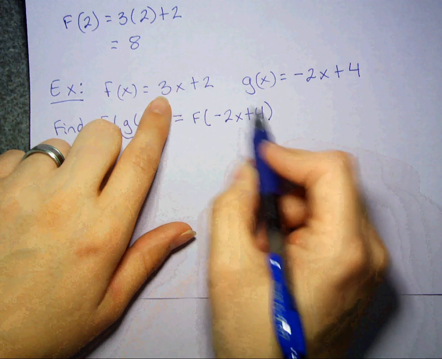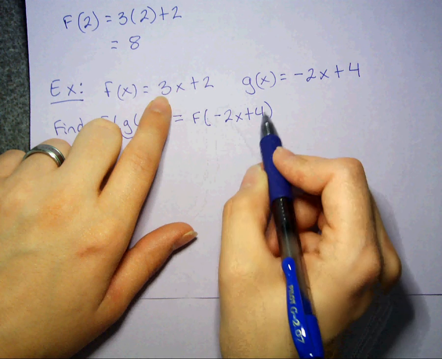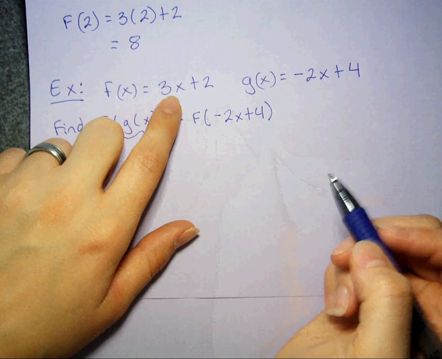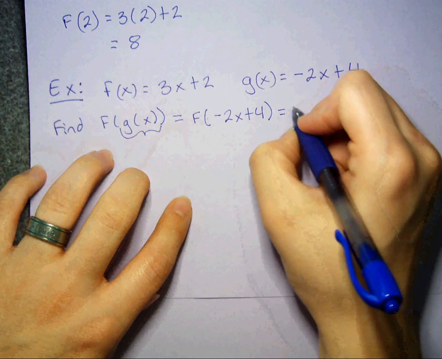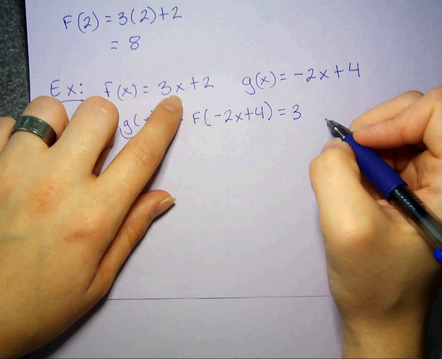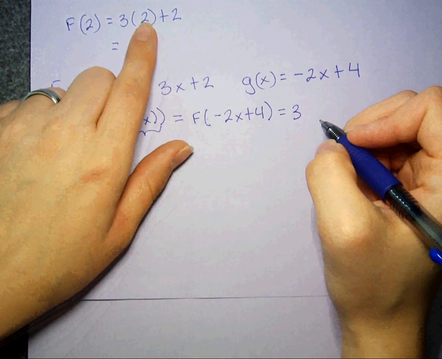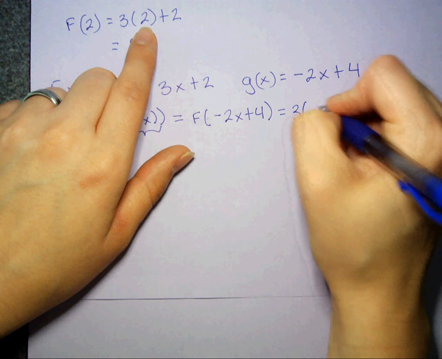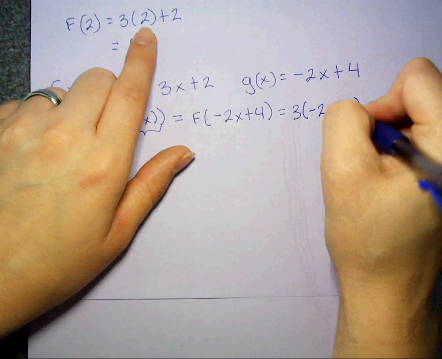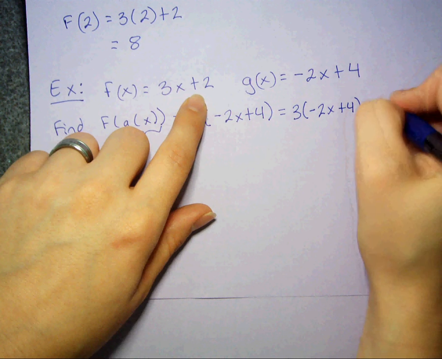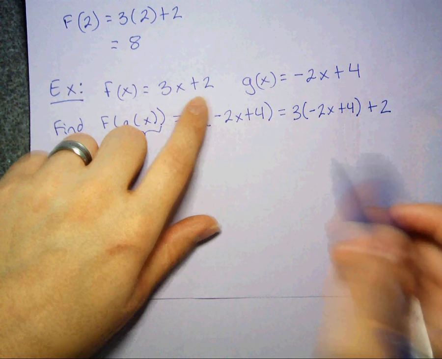So now I'm going to have 3 times, instead of 2 in my parentheses, negative 2x plus 4, plus 2. It looks like my original f function, but in x's spot, I have all of g.